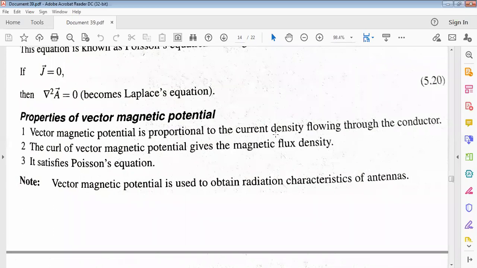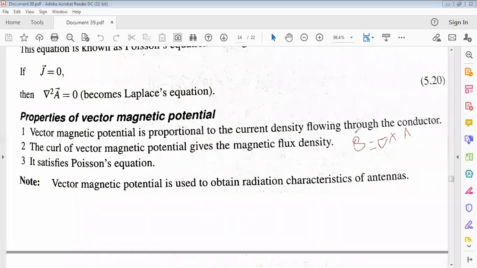How do we get that magnetic flux density? B equal to del cross A. What is meant by B here?